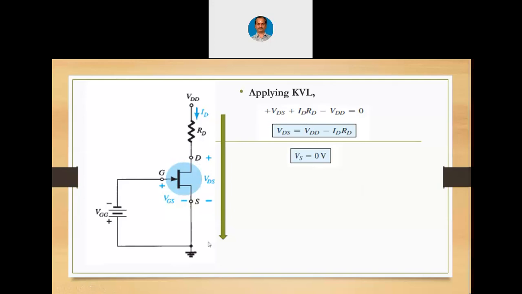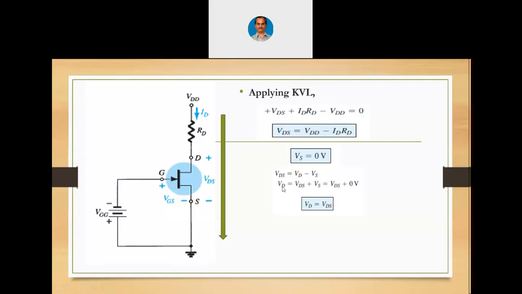VS is 0 volts, since the source is connected to ground. Now, VDS equals VD minus VS. Conventionally, when we say drain to source, it is the voltage at the drain with respect to ground, and the voltage at the source with respect to ground. But now, as the source itself is grounded, VDS is VD minus VS has no meaning as such.